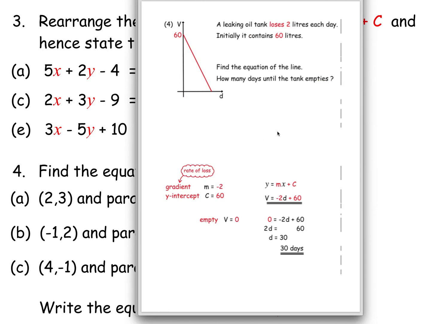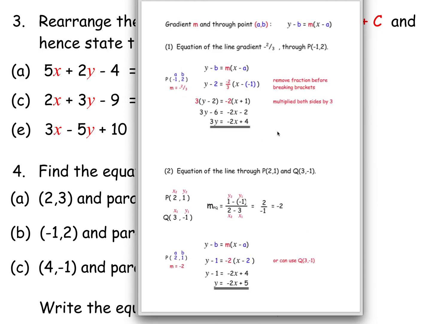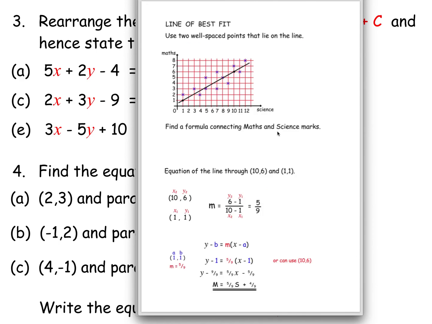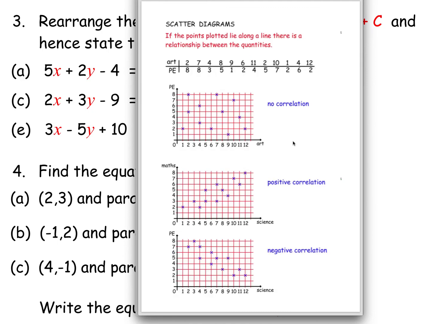And that's third video, y minus b equals m times x minus a. And the next video is on scatter diagrams and line of best fit. It involves statistics, so this is related actually to statistics, but it uses the straight line work. So I've included this piece of work, line of best fit, with straight line videos rather than the statistics videos.